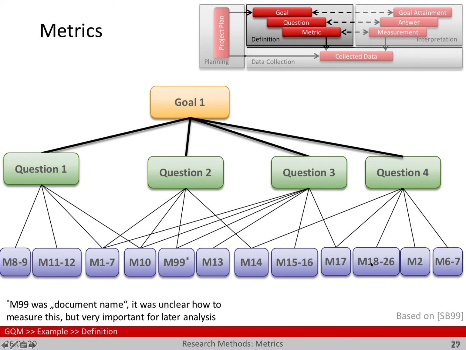So it's basically 27 different metrics that were identified. And many metrics are useful for more than one question. Like, for example, metrics 1 through 7 are relevant to questions 1, 2, and 3. But on the other hand, some are only relevant to one of the questions.